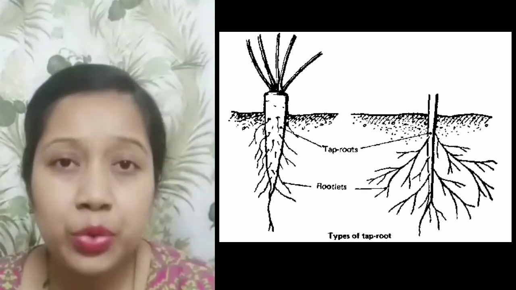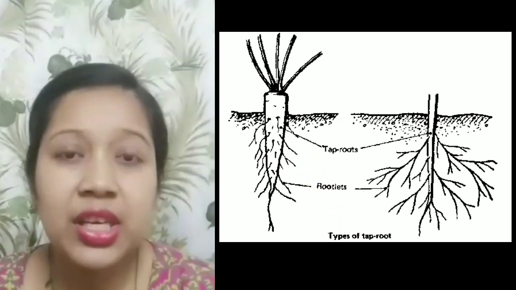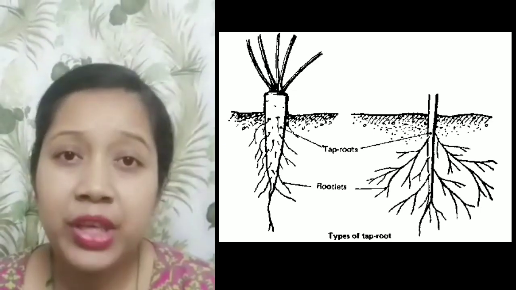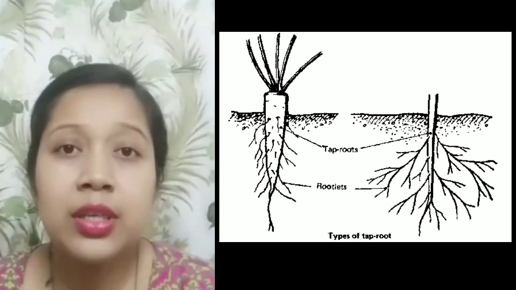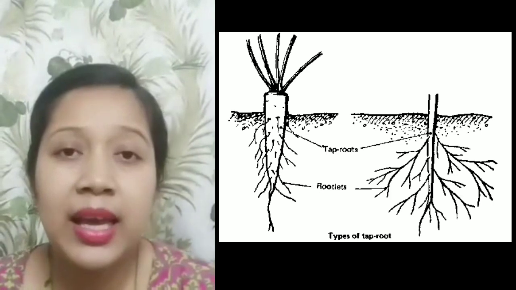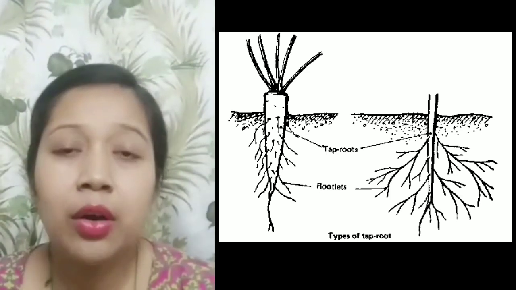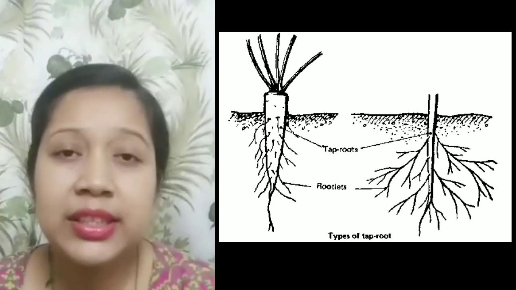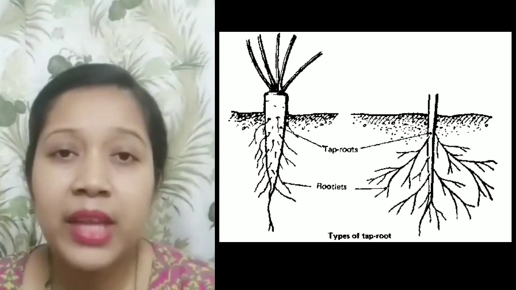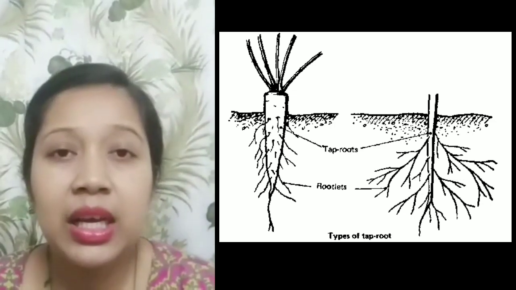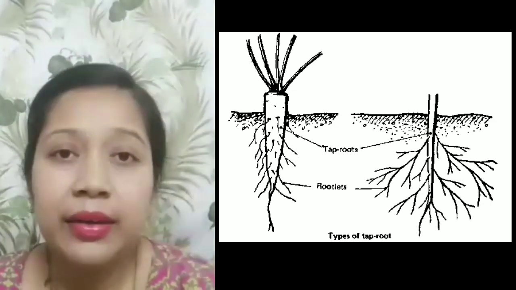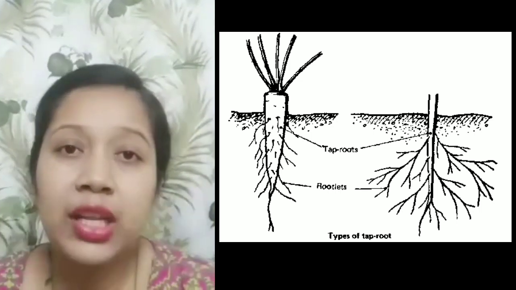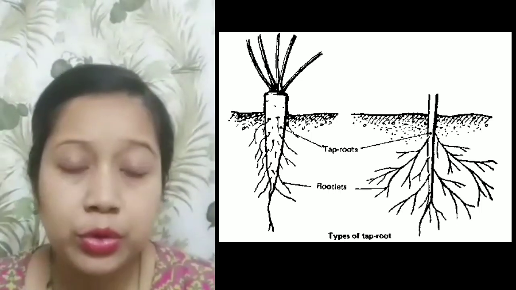Radish is a root, and this radish undergoes modification for the storage of food, and that is why the radish, or the primary taproot, gets swollen and becomes a structure which is called the fusiform root.